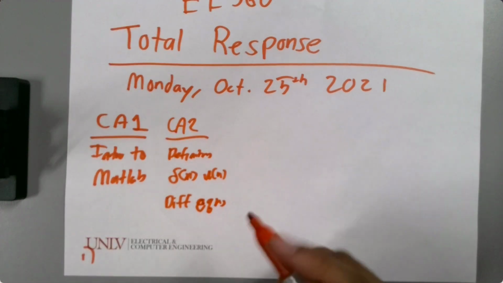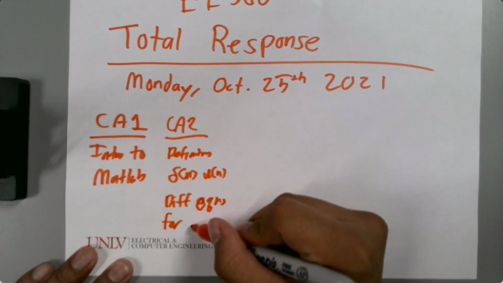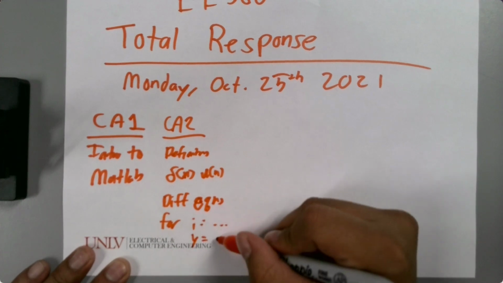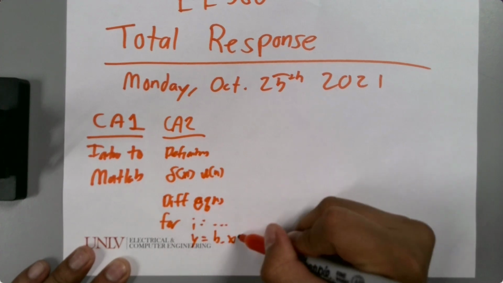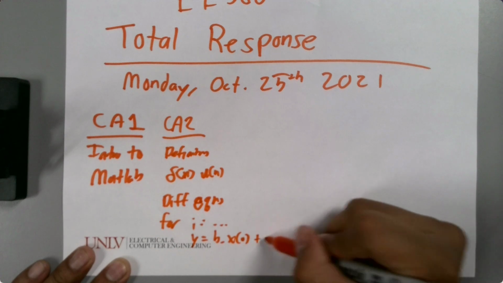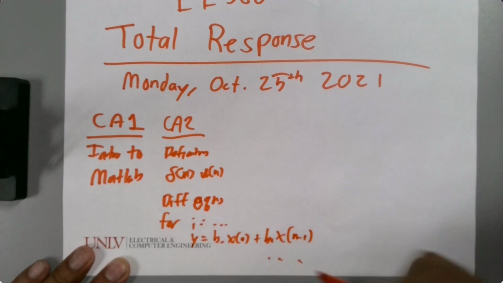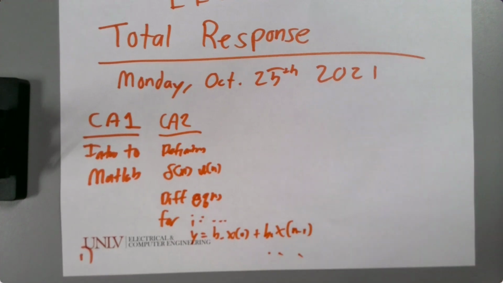We were trying to do all these for loops, for i is equal to something, y is equal to b0 x of 0 plus b1 x of n minus 1, dot, dot, dot, right? That was the whole purpose, to get you guys implementing these difference equations and just letting them run.